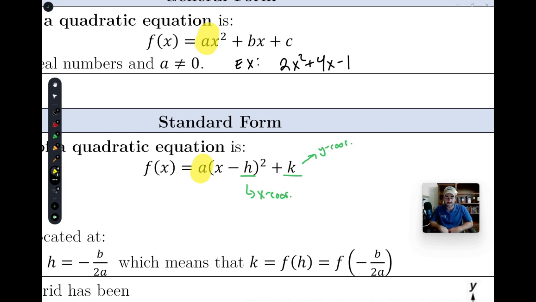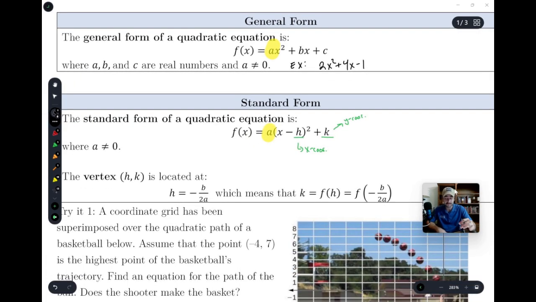We didn't keep b or c, we changed them to h and k, but we kept that a value. And a really important note is once you've got your a value, that's going to be the same value in both terms. You're going to factor it out, and you can solve for the exact same a value in both terms, whether you're completing the square or however you solve this. Your a should be the same, because all that's going to happen when you distribute this a is it's going to go straight to that x squared term that goes right there after you FOIL, and you'll get ax squared.